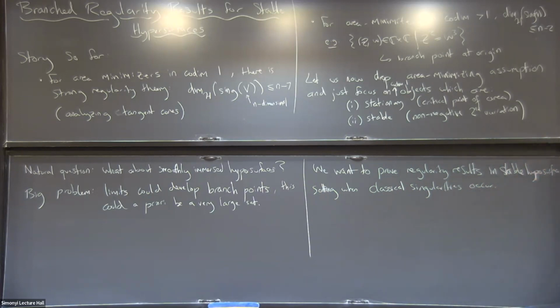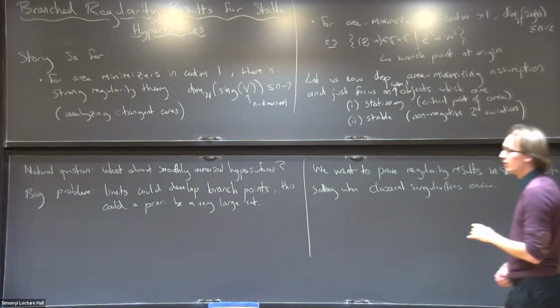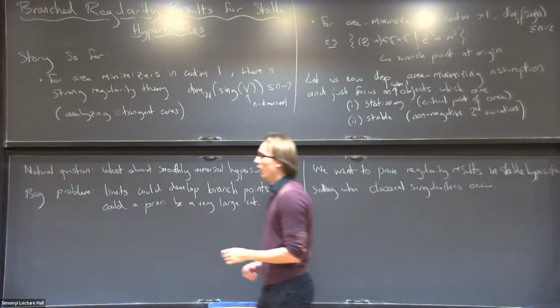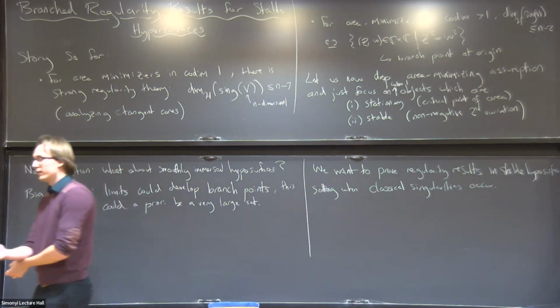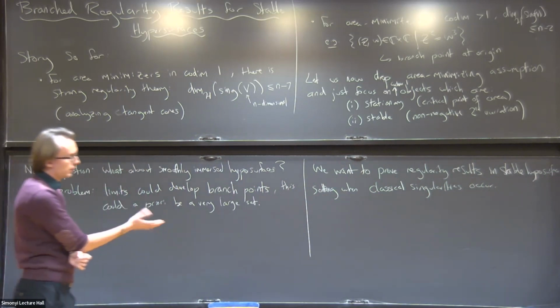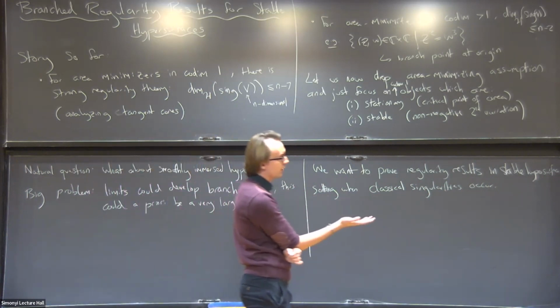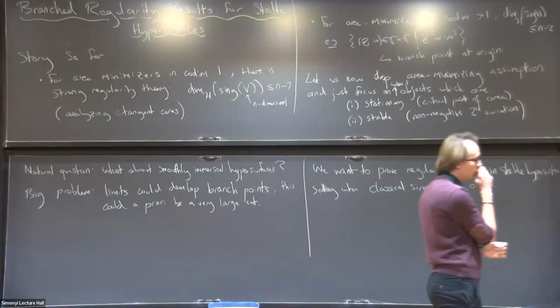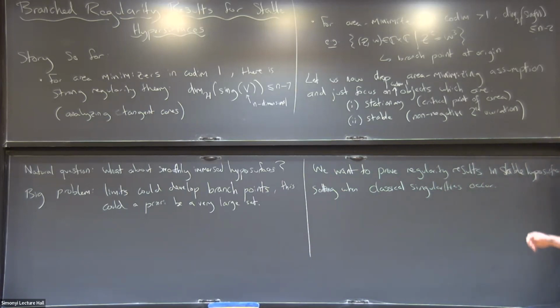And Neshan proved some results under the assumption that the singular set was essentially codimension 2 away from the branch set, then you could prove some things.